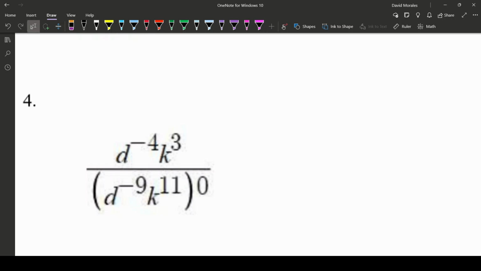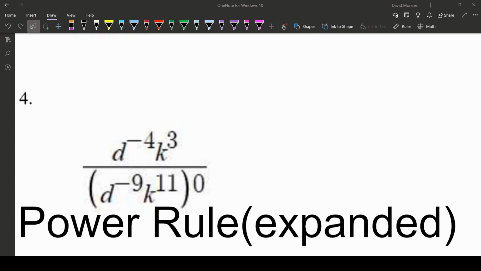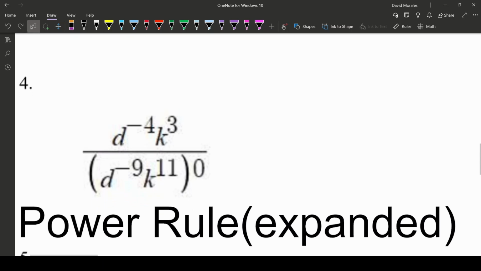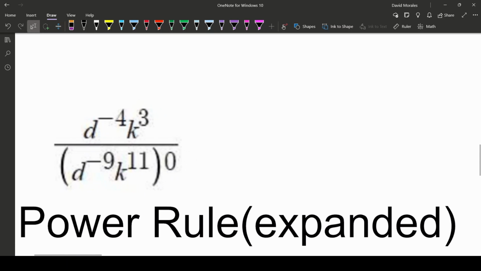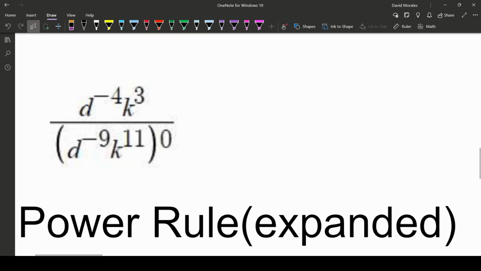Now, the first rule that we're going to apply is the power rule. Okay. And by extension, the power rule expanded. Because when I have x raised to the m raised again to another exponent, the example that I showed you, I only had one letter in there.